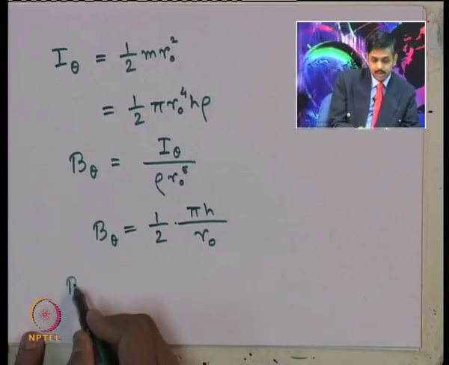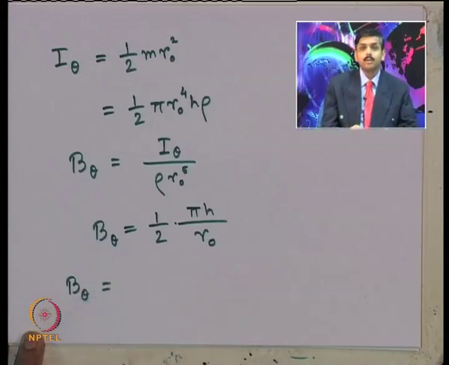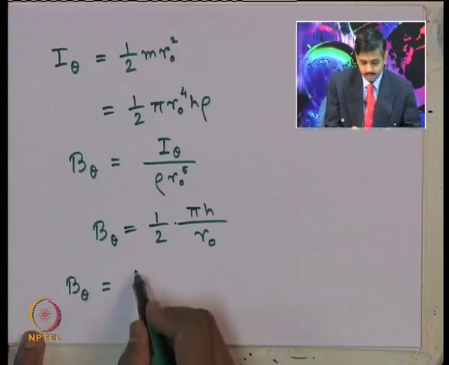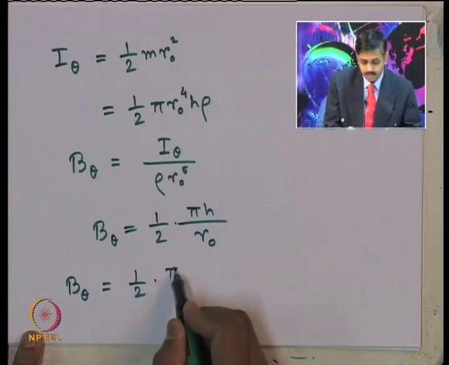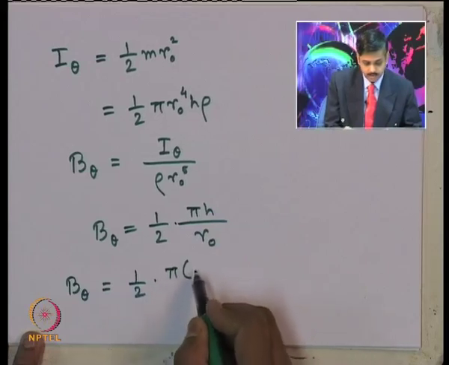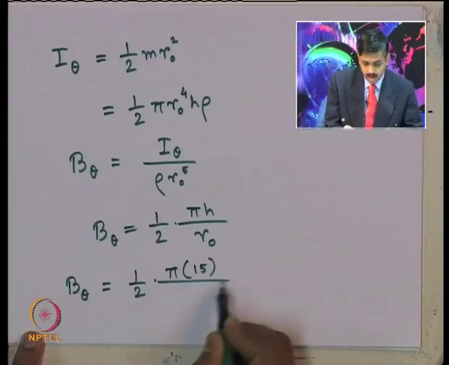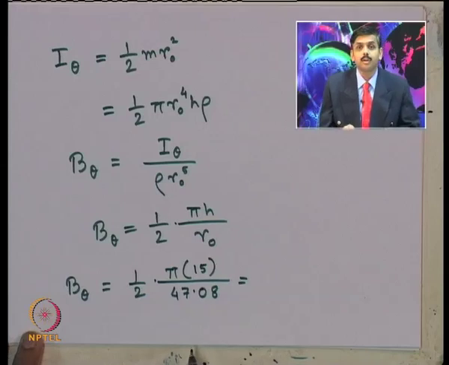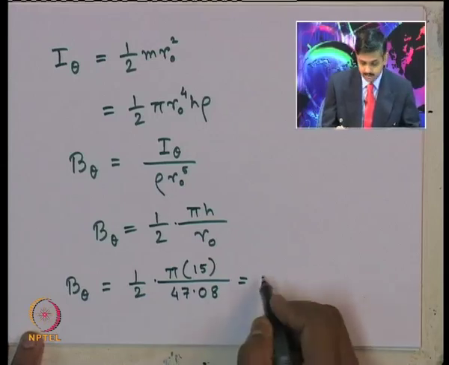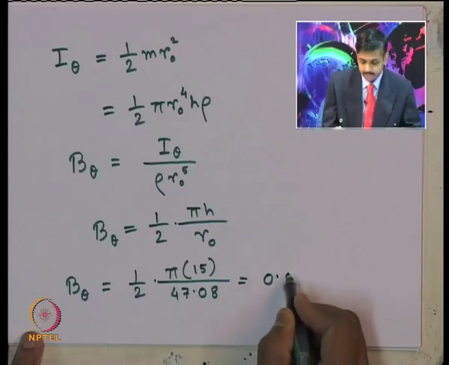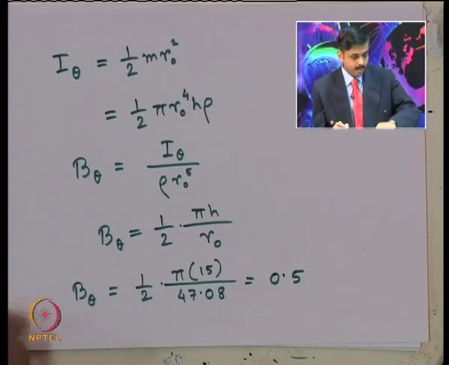Okay. So, h is given as 15 centimeter and r naught we have just calculated as 47.08. So, we can easily get the value of b theta, which is half pi into 15 by 47.08. How much is it coming? If we calculate it, it is coming as 0.5. Okay.